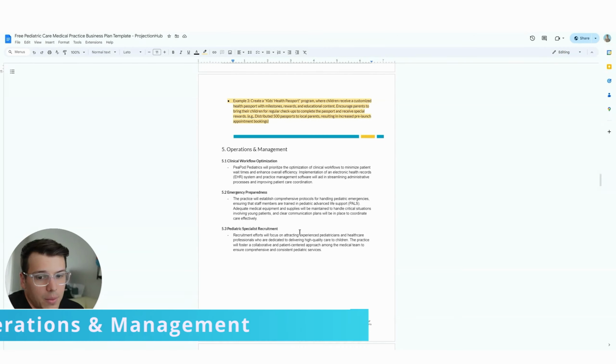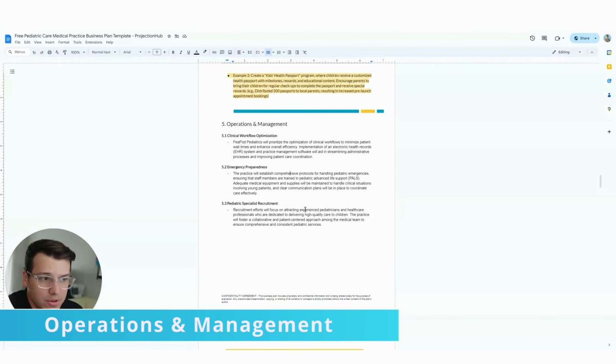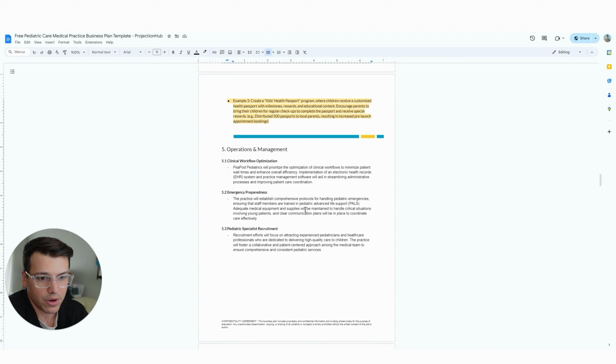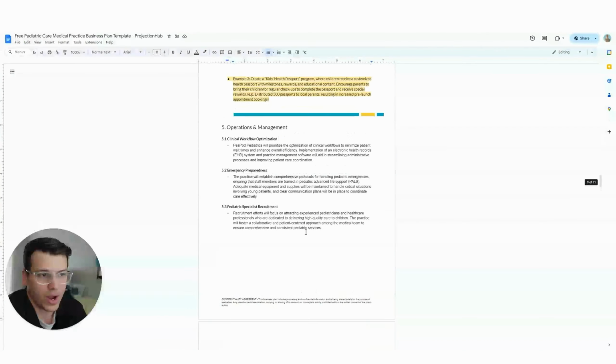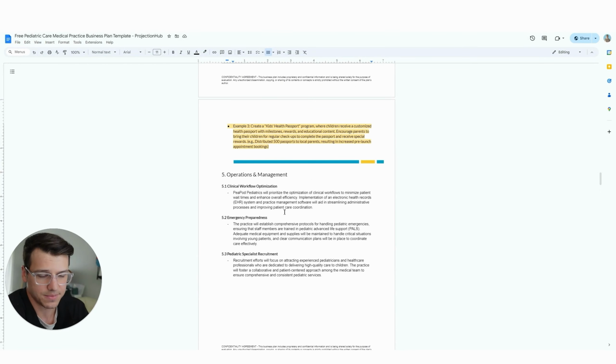Okay, moving along to operations and management. Again, this is another one of those sections with kind of a minimum requirement. You're just going to talk about the things it takes to actually operate a pediatric office. You're going to know those things. This section is kind of pre-filled out, so it'll give you some nice placeholder spots to write in what you know.